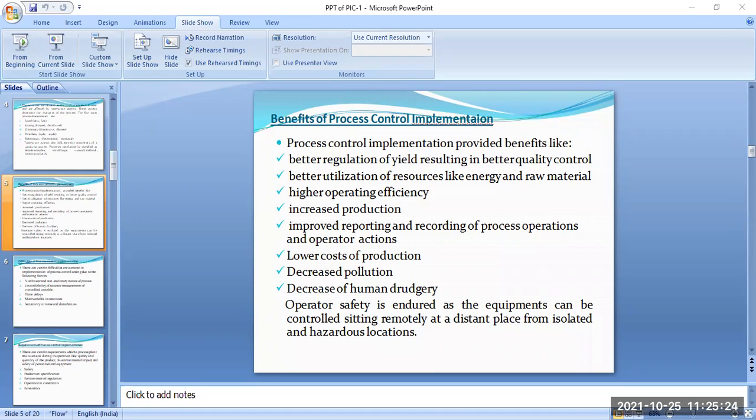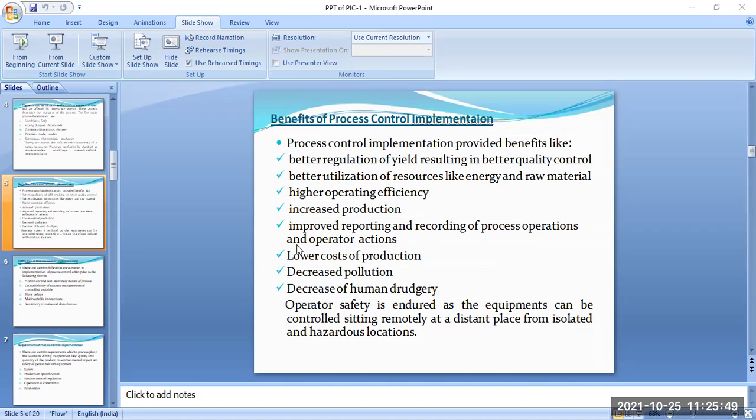Sometimes you have to give more and more input and invest more in these industries, but efficiency is very low. So we have to follow this category, that is higher operating efficiency. That means this process industry or process plant is working properly according to the input, and finally the output is corresponding to the result.